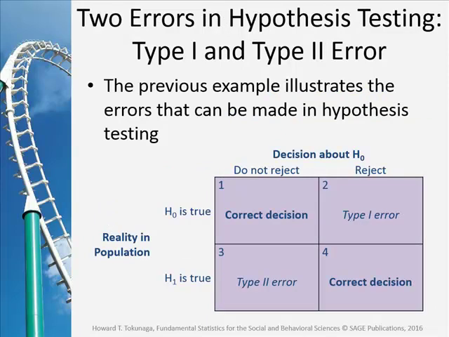I've alluded to this before, but really what we have here are two distinct types of errors. And quite frankly, because we're built on probability and not on physics being determined, in social science we're going to make errors. It's going to happen.